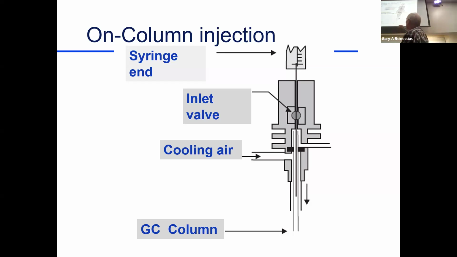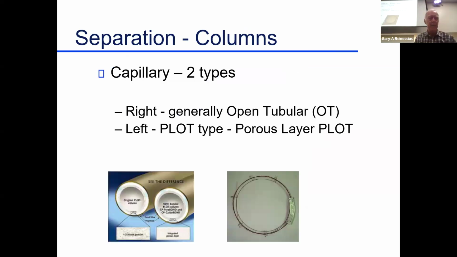In that case, you actually take your syringe, and you see it up at the top, and put it down into somewhere around there. And then you make your injection down here in the column. So you're actually injecting your liquid into the column, and the only heat it sees is column temperature. So it's just for things that are very, very heat sensitive or heat labile. So those are the kinds.